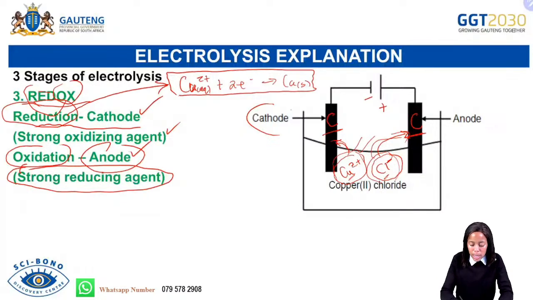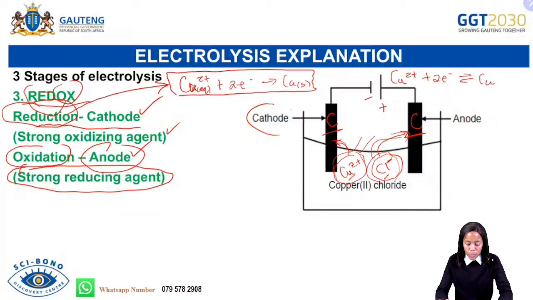So you will see that your copper appears as Cu2+ plus 2 electrons, and it has the 2 arrows to give us Cu. But once you have then decided on whether the copper is undergoing oxidation or reduction, remember you are going to use what? You are going to use a single arrow.